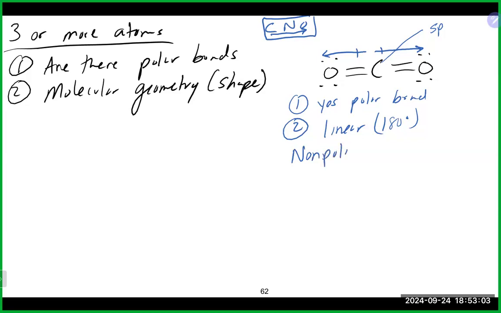So in this case, this is actually going to be a non-polar molecule. Now, you may say to yourself, it has polar bonds, shouldn't it be a polar molecule? The answer is because of the geometry, it actually cancels out the polar bonds, if you will. You have basically a straight line, and you have oxygen pulling this way, but you have oxygen pulling the other way. And I'm actually pulling really hard on my pen.